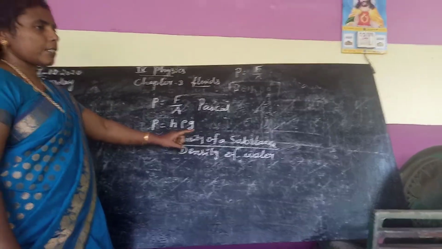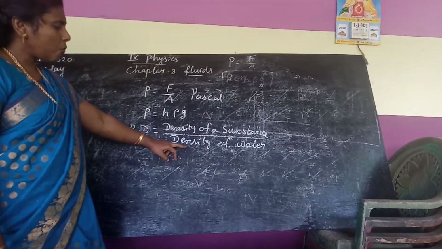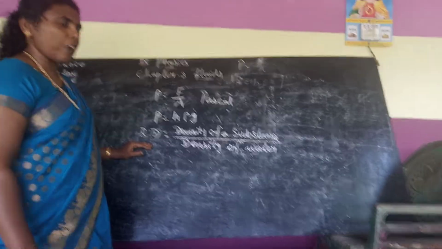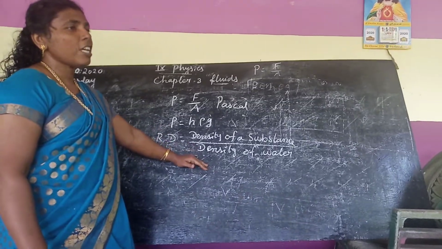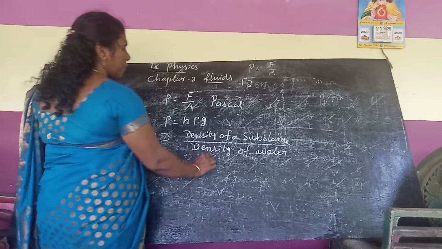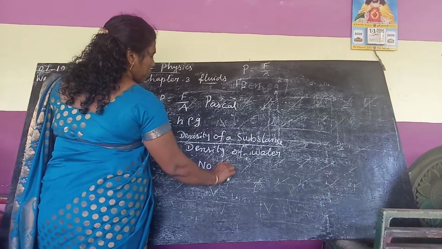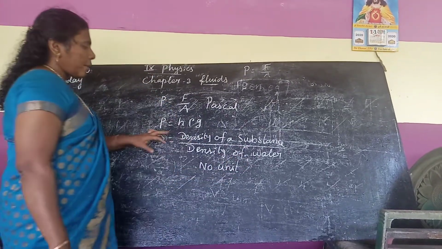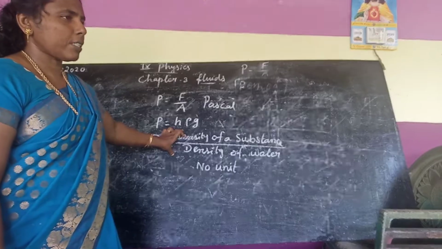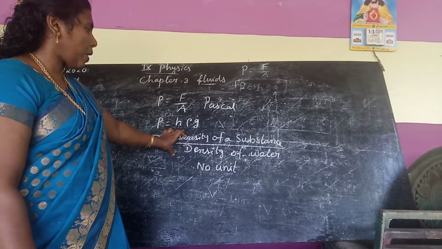Density of a substance divided by density of water. What is the unit of relative density? No unit. By using this formula, last class we did an exercise problem.